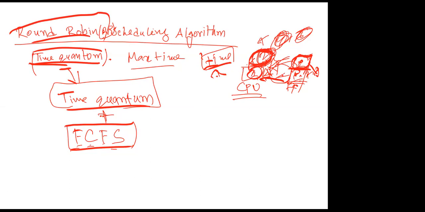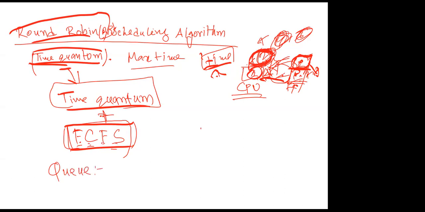Now let's see how it works. Another thing is that the round robin scheduling algorithm works with a queue data structure, to implement FCFS, first come first serve. You may also be familiar with the queue data structure.